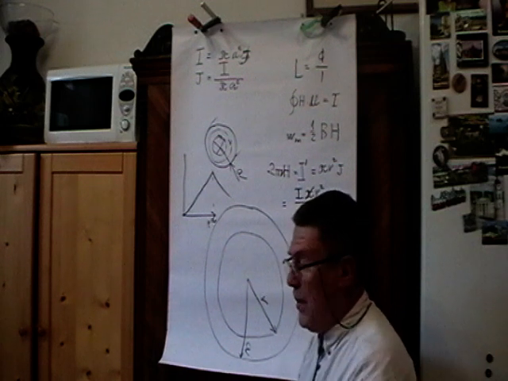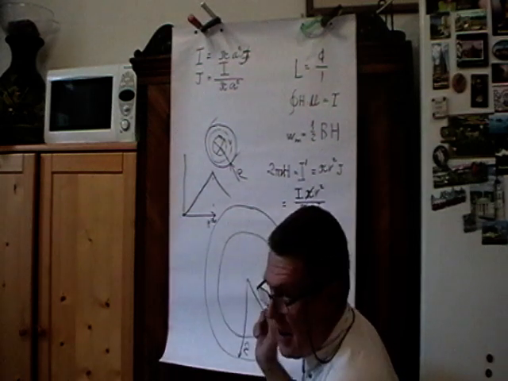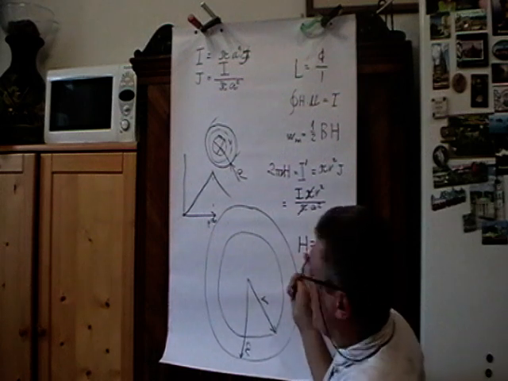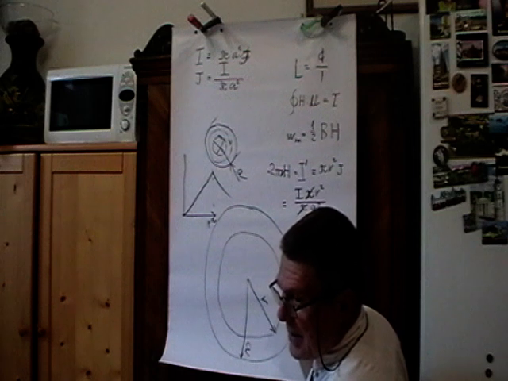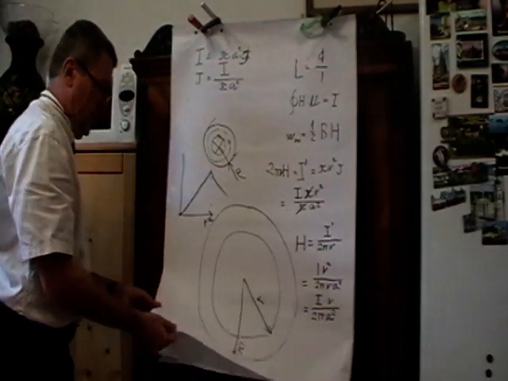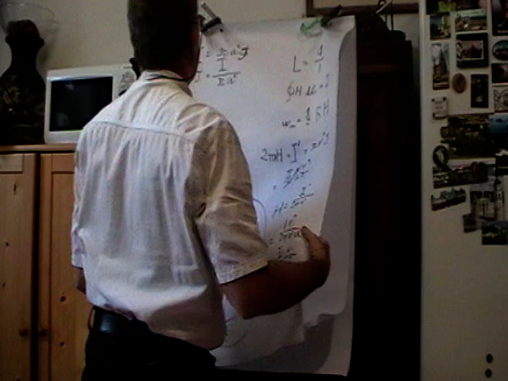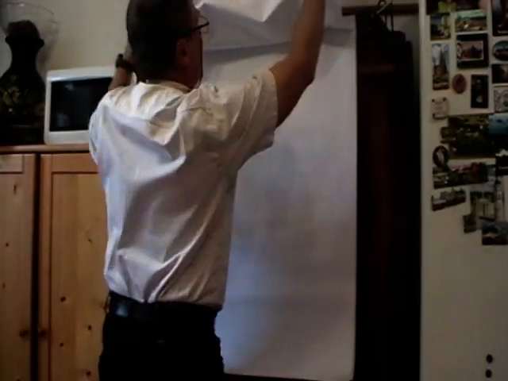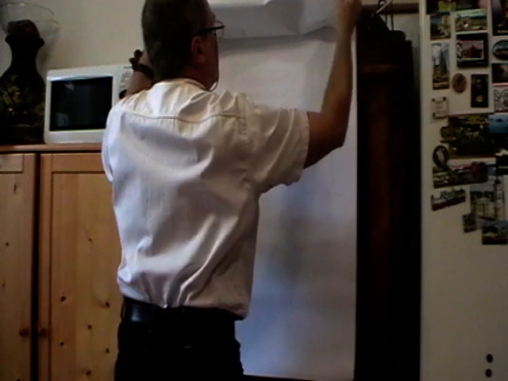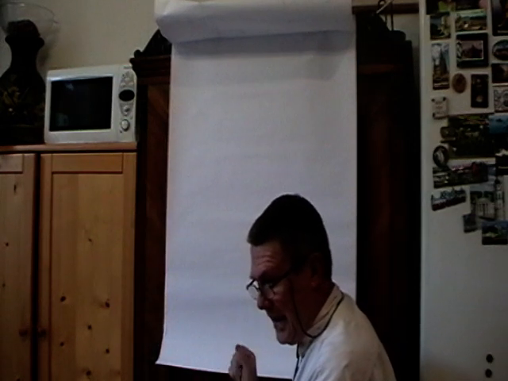Okay, so now we will go on to establish the total energy contained inside that conductor. We will use the value of the magnetic field intensity to be able to do that. Okay, so again, we have the value of the magnetic field intensity.